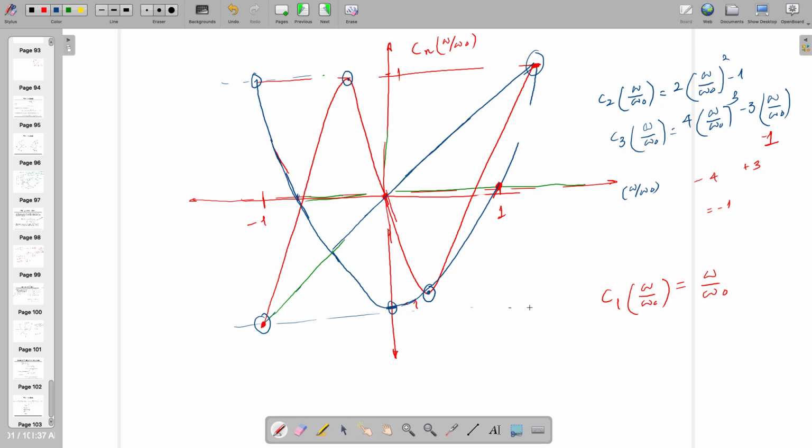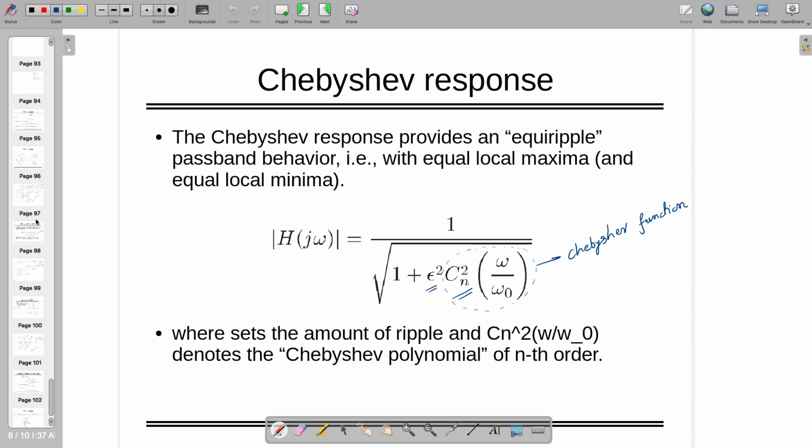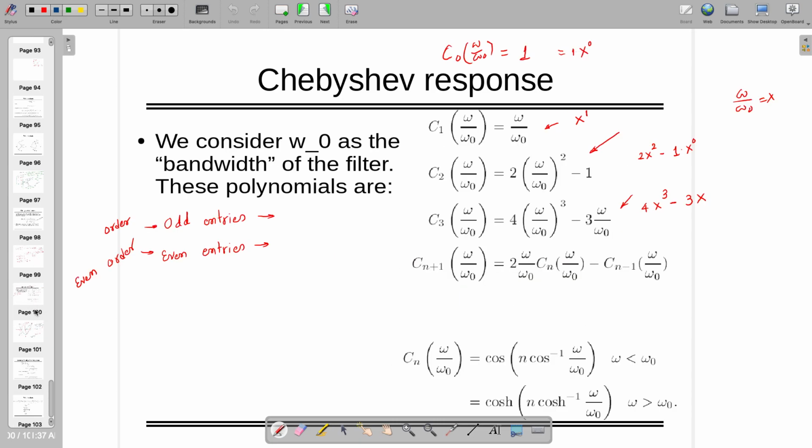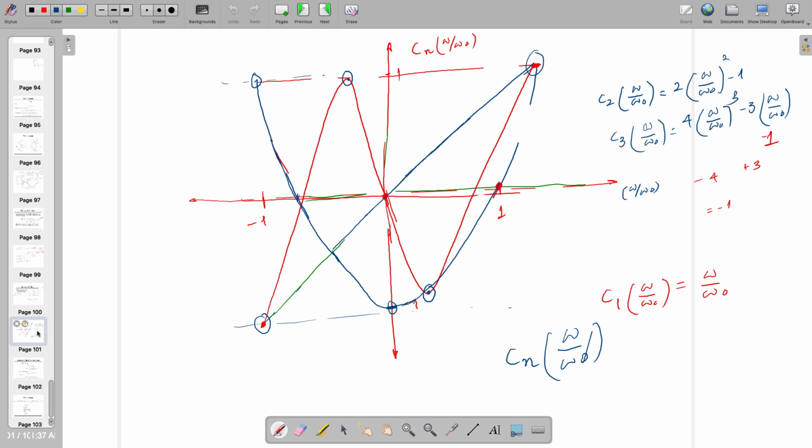Right now this is Cn of omega by omega naught, which has been plotted for different values of omega by omega naught. However, we are interested in finding out what is happening to this entire function, where we are interested only in the mod of this one.